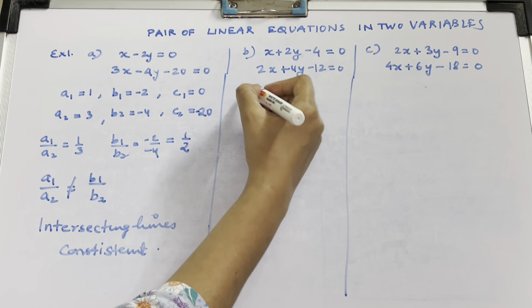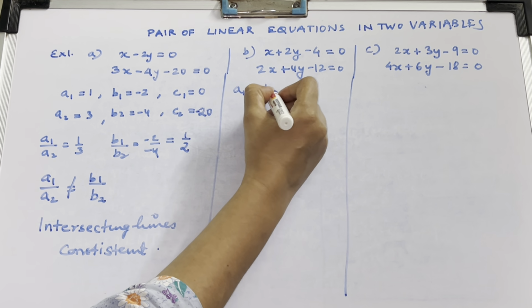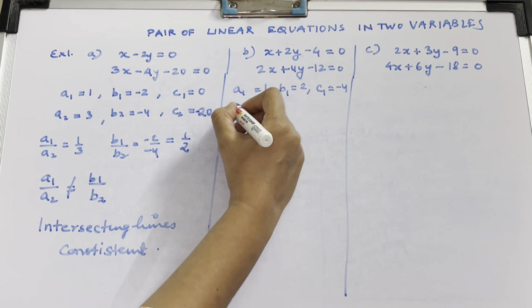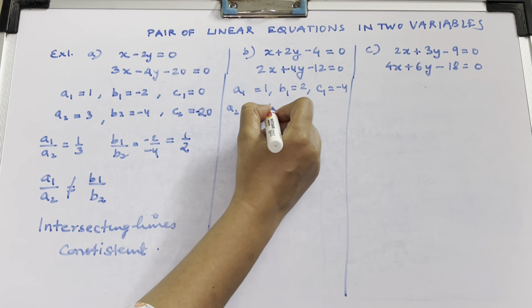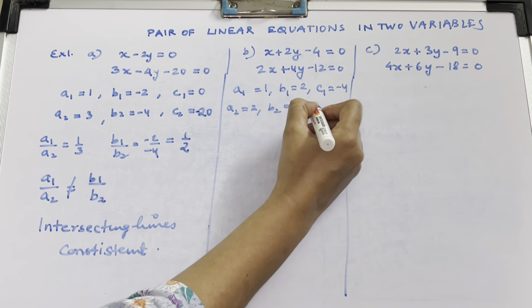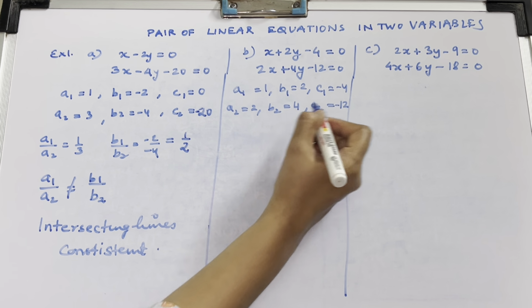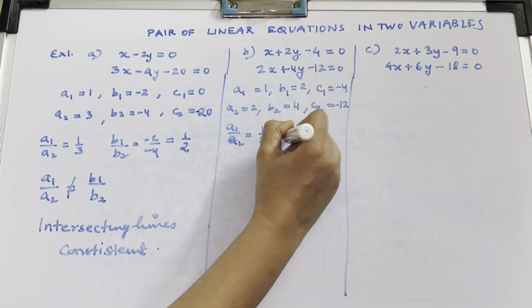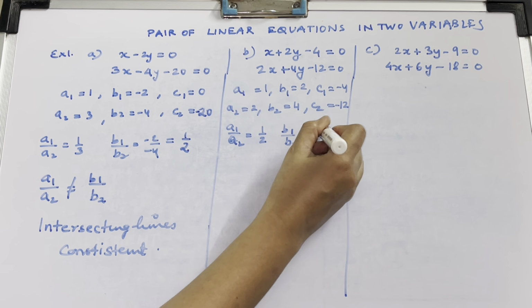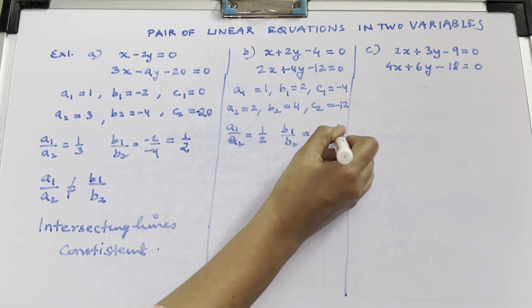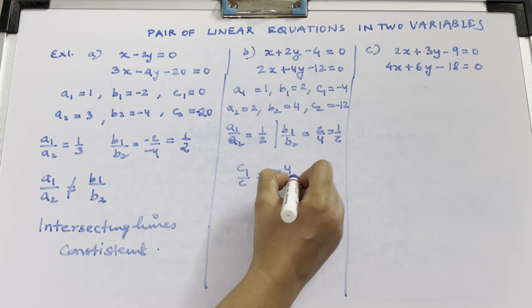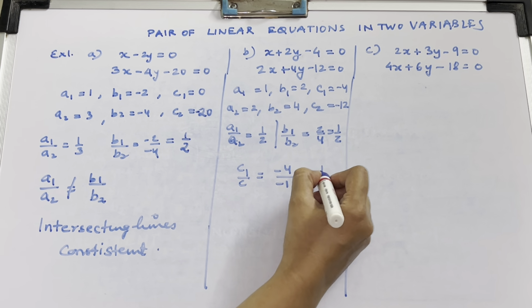Now let us examine the second pair. a1 is equal to 1, b1 is equal to 2, c1 is equal to -4, a2 is equal to 2, b2 is equal to 4 and c2 is equal to -12. Now a1 by a2 is equal to 1 by 2, b1 by b2 is also 2 by 4, which is 1 by 2, and c1 by c2 is equal to -4 by -12, which is 1 by 3.